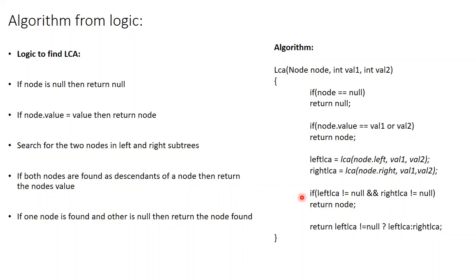Otherwise, you return the right LCA. And that's pretty much it. This is like 9 lines of code for finding the LCA of two nodes. Now, I have the code in Java in the next resource.